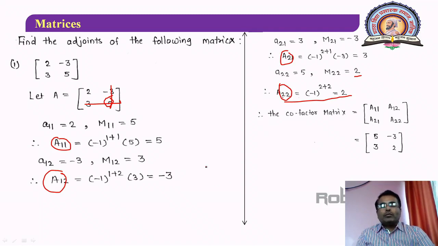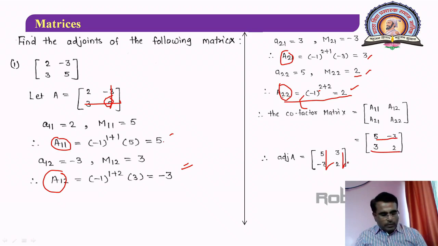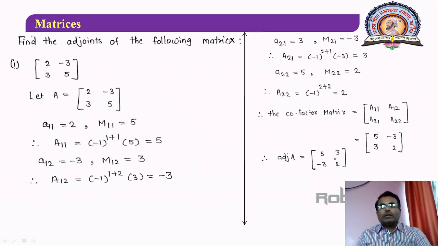So this is your cofactor matrix: 5, 3, 3 and 2. Once you get it, you can consider its adjoint just by taking the transpose of this. You will observe that the first row appears as the first column, the second row appears as the second column. Is that clear? This way you can obtain the adjoint of a matrix.